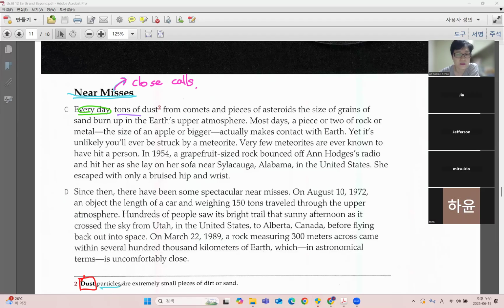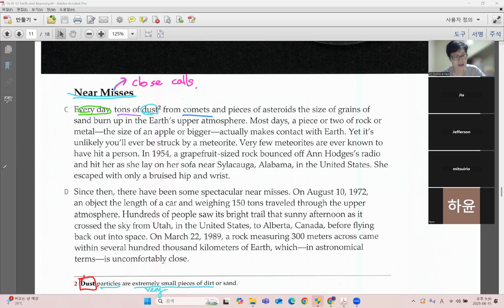Dust particles are extremely, what is dust particles? It means small pieces of dirt or sand. Extreme means very. The dust means very small pieces of dirt from comets. What are comets here?